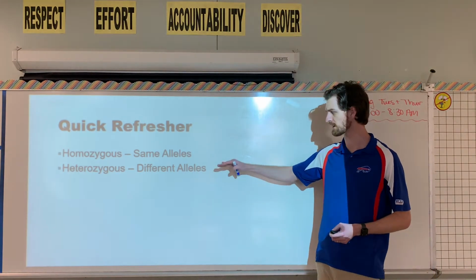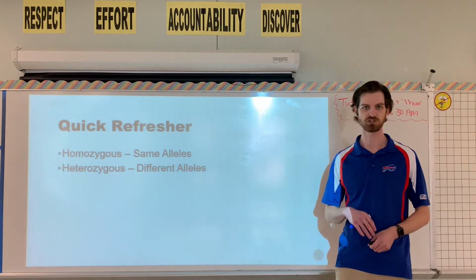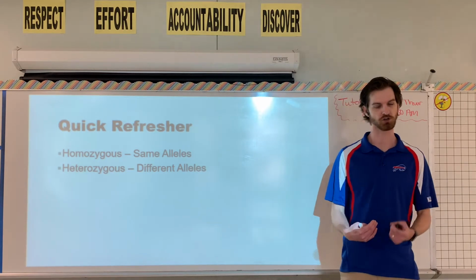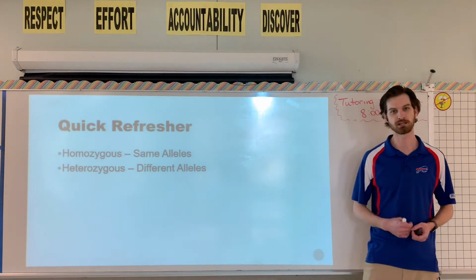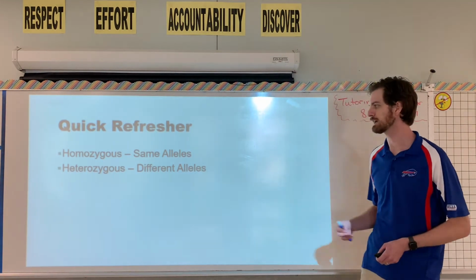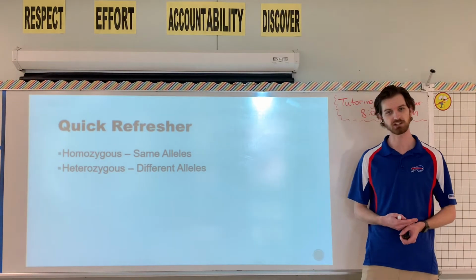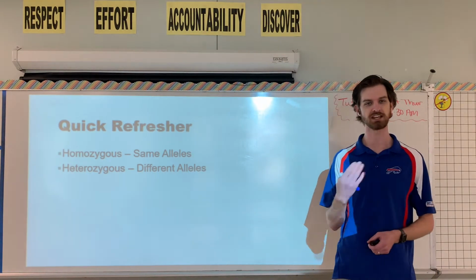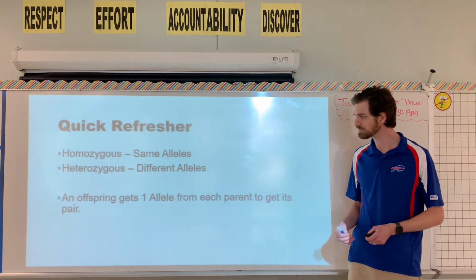So this could be a capital with a lowercase letter, or a codominant situation of having two different capital letters, like a capital B and a capital W, to get a checkered color phenotype. Or a black and a white allele blending to make gray. Or with blood types, you can have a type A allele with a type O to make a heterozygous type A, because O is recessive and A and B are dominant.